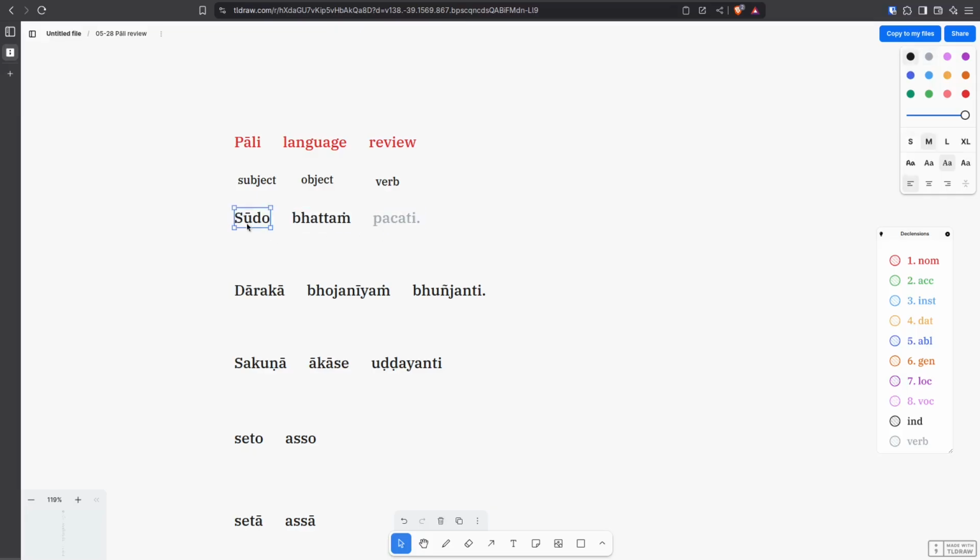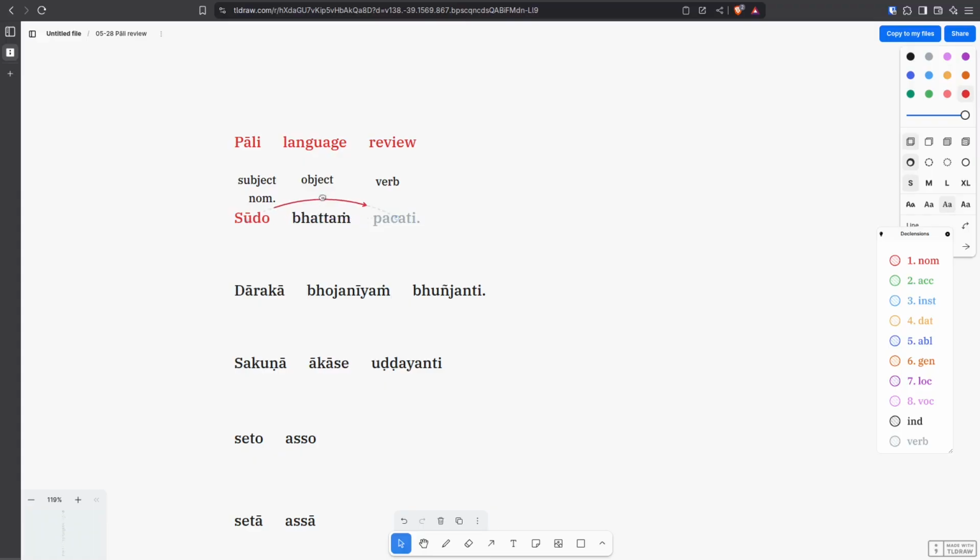The subject, the person who is performing the action, is the cook, suda, but because he is the agent, this is in the nominative, and that's why suda becomes sudo.